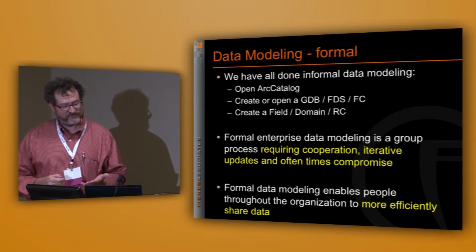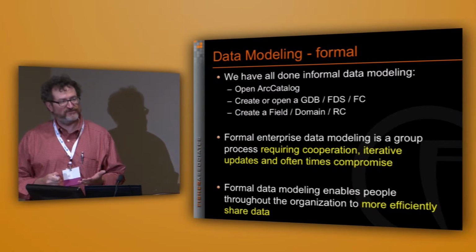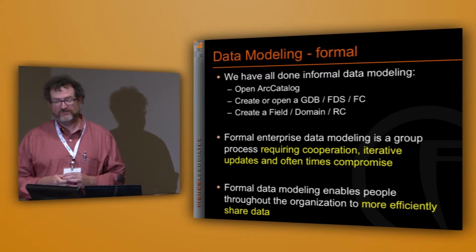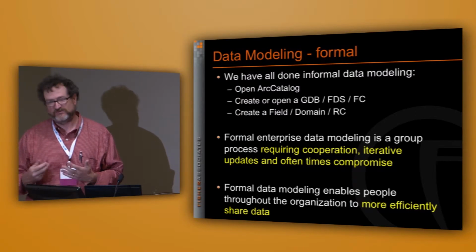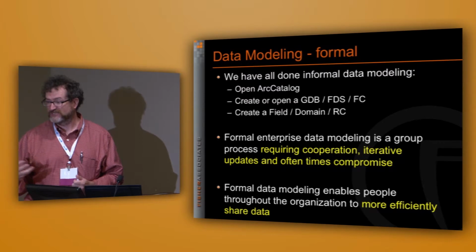And the key to doing this is cooperation. Everybody has to cooperate to some extent to use the same database, whether they're engineers or if they're land folks or environmental. They usually in the past have had their own piece of information, whether it was an Excel table or an Access database or perhaps shape files that they maintain themselves.